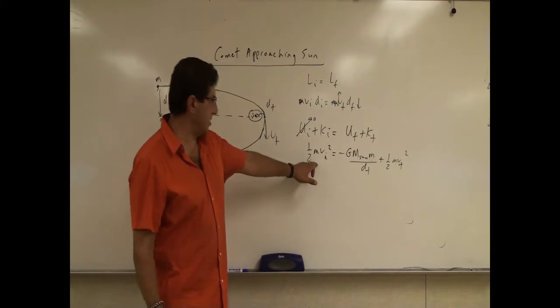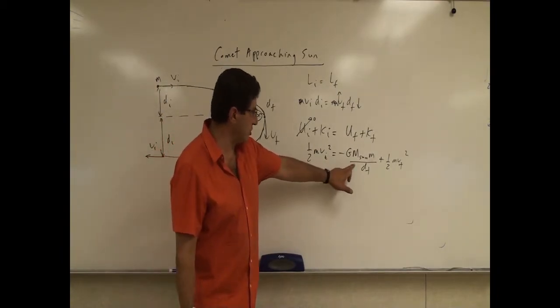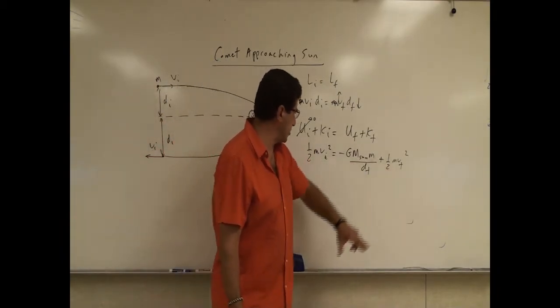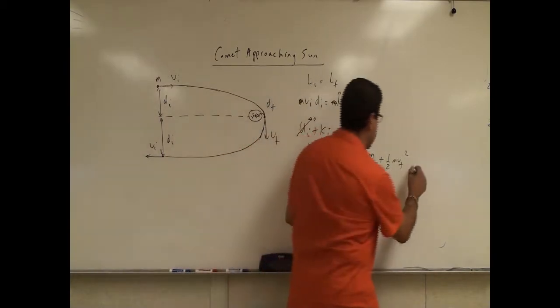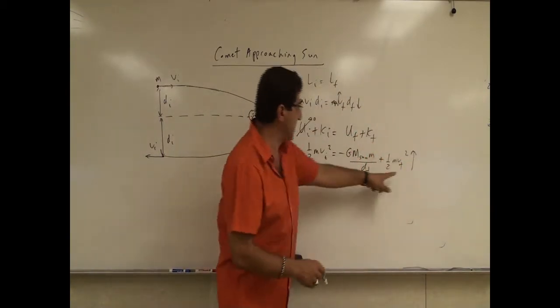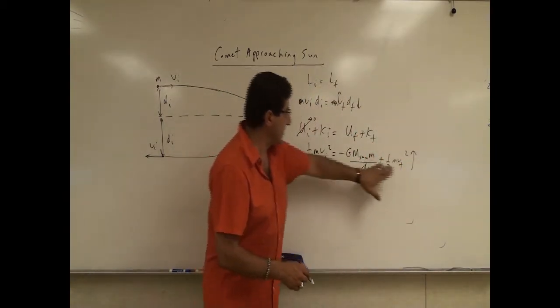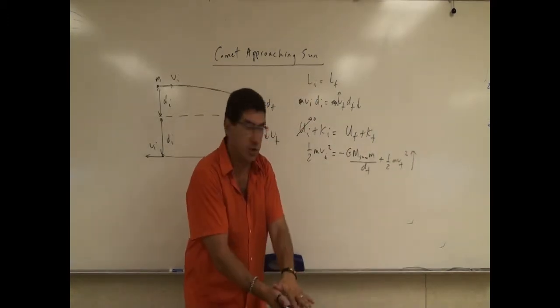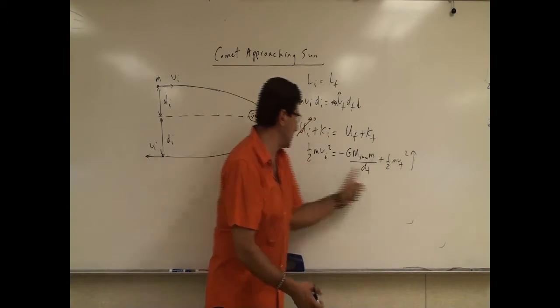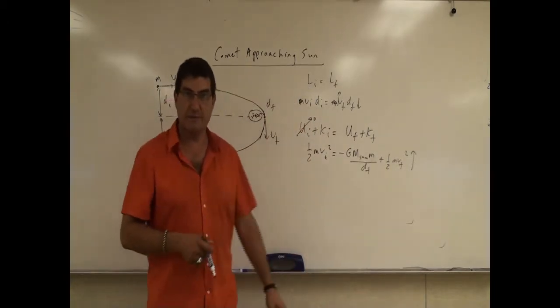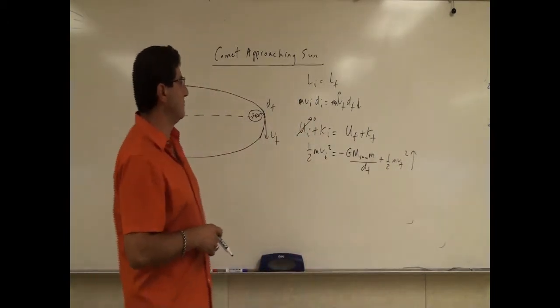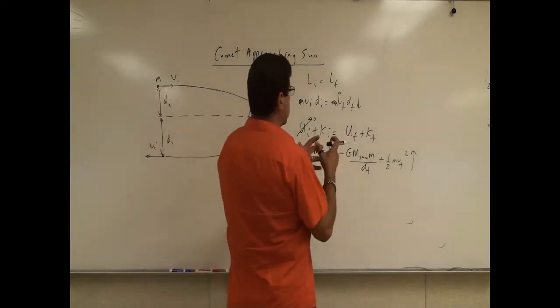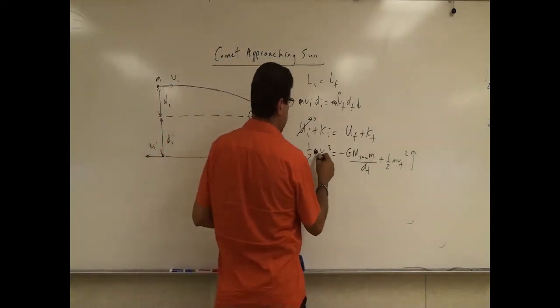So the initial kinetic energy must equal the final potential energy plus the final kinetic energy. So notice, since the v final is bigger than the initial v, this number is bigger. This number has to be negative. The potential energy has to be negative, so that this plus this must equal this. So it does make sense, right? So then we can put both of these together. The little m's can cancel.